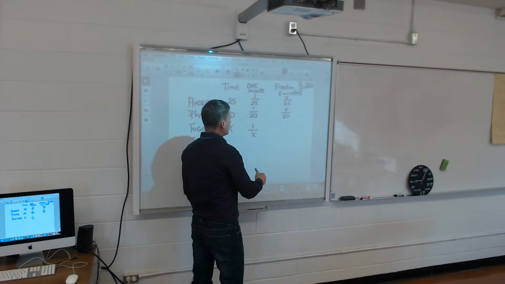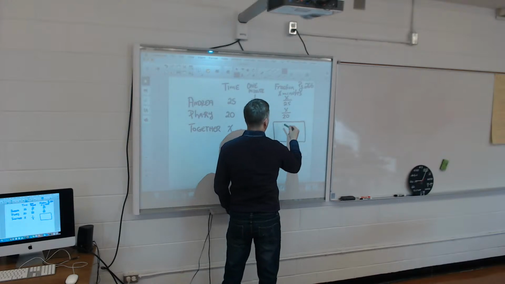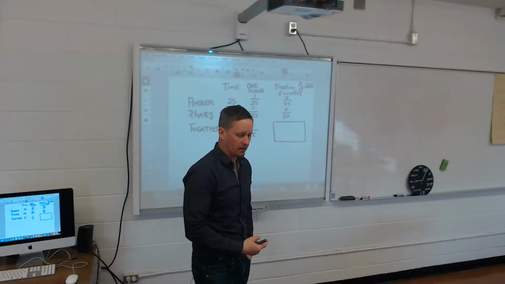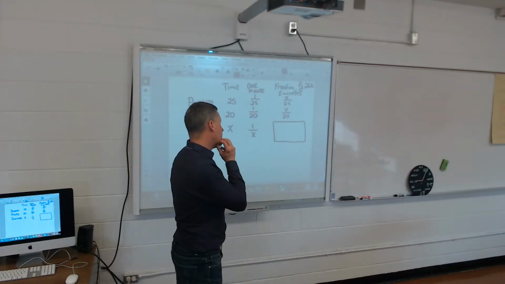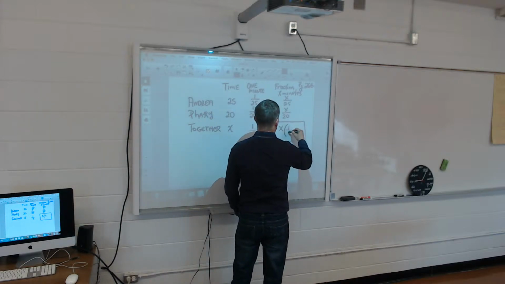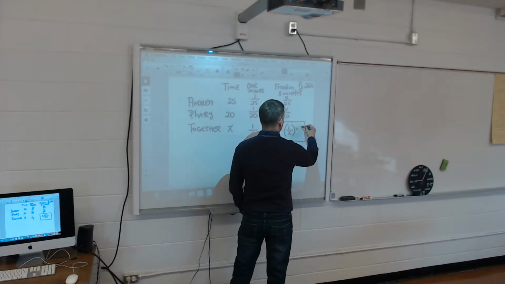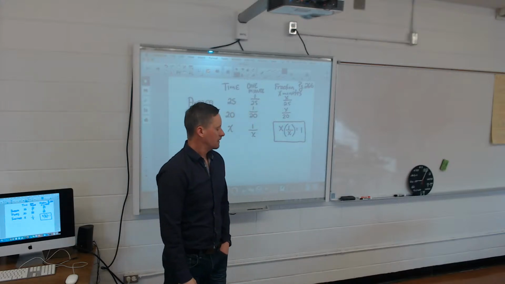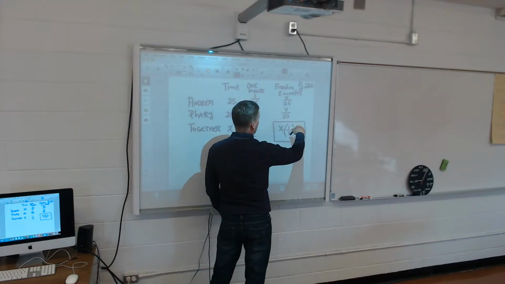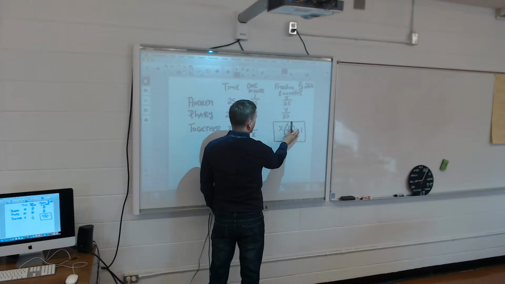And then down here, I need to eat one whole bag of popcorn. So the amount of time to eat one whole bag would be x times 1 over x, which is equal to 1 bag. I really don't need this right here.